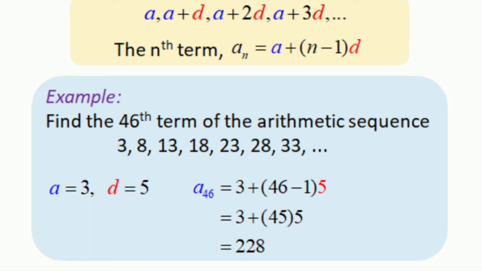T46 equals 3 plus 46 minus 1, and the common difference is 5. The next step is 3 plus 45, which is 46 minus 1, multiplied by 5, and the answer is 228.